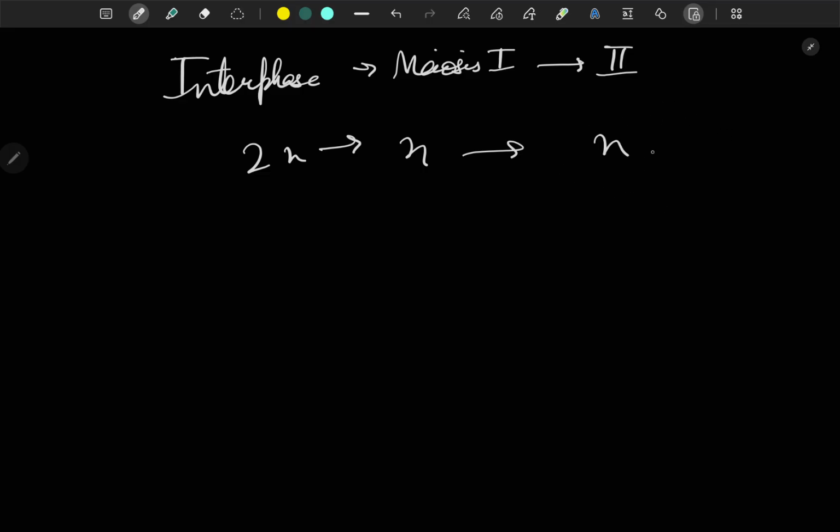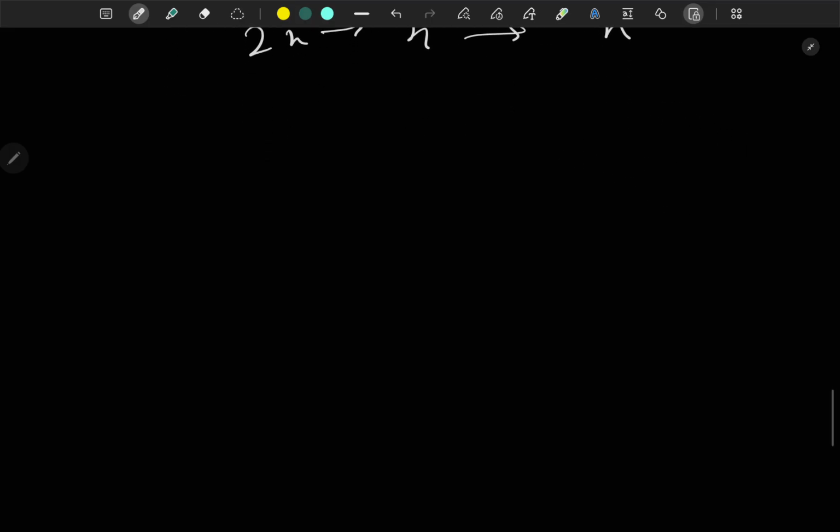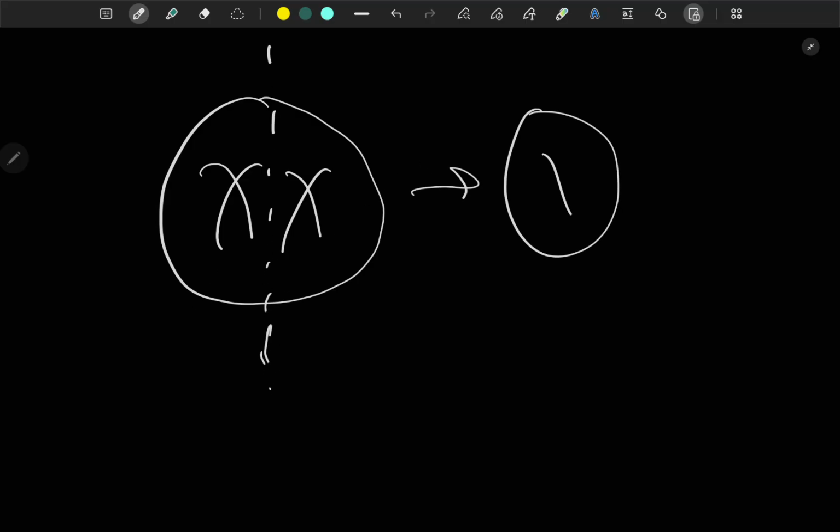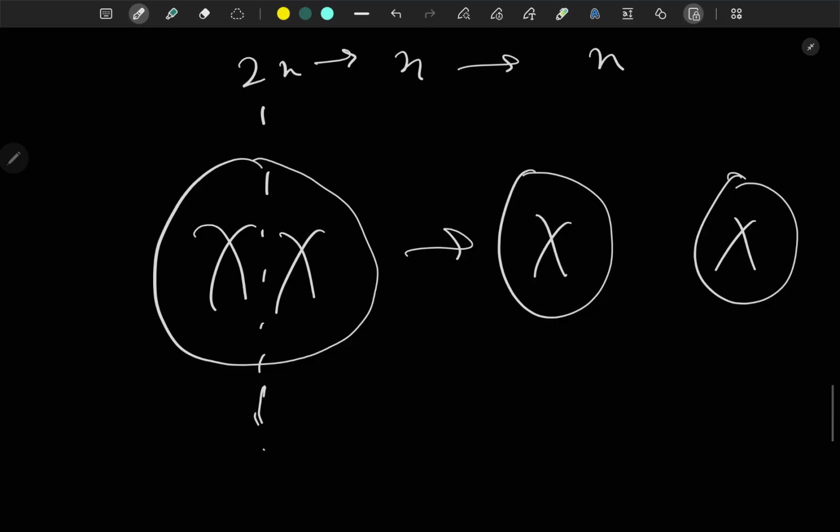It still remains n. To answer this, in the first cell, we know there are two chromosomes. The cell gets halved, it divides into half, so each cell got its chromosome, its duplicated homologous chromosome. We term this as meiosis 1.